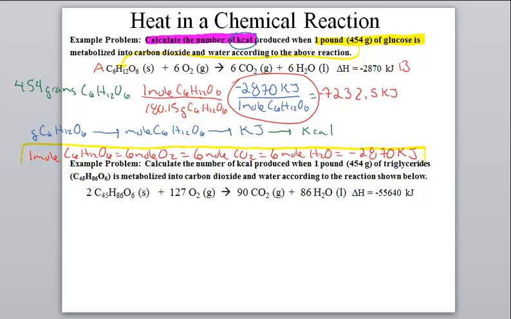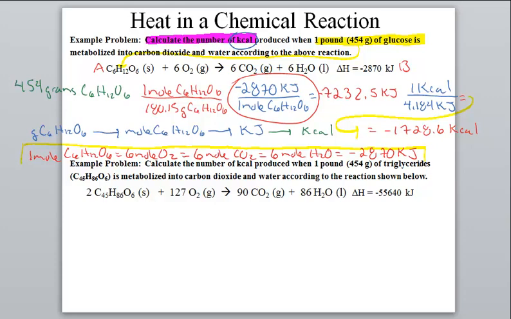As far as getting it all the way to kilocalories, for every 1 kilocalorie, it's 4.184 kilojoules. And our final answer is negative 1,728.6 kilocalories. So just to get you a frame of reference, remember kilocalories is the same thing as the nutritionist's Calories, what's on our food label.